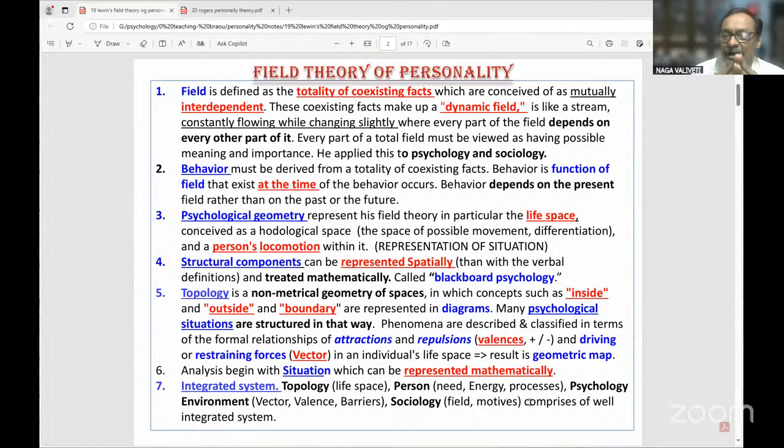Suppose you got an idea to eat some food. Hunger is now your need, and satisfying that hunger is the need. That hunger will create certain positive and negative elements in your psychological environment, whether to achieve it or not, whether it is already fulfilled and to reject it.